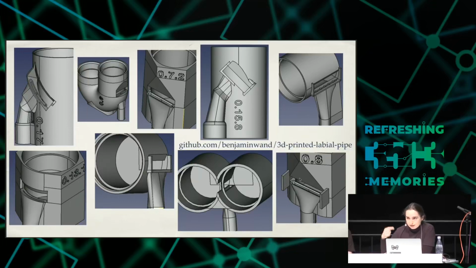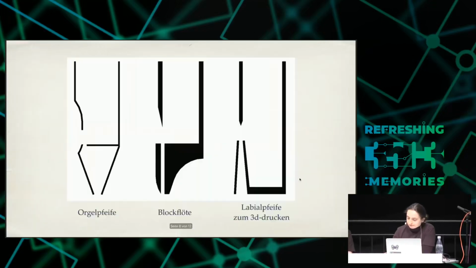In FreeCAD, it's a spreadsheet. There's a spreadsheet for entering variables, and there's one area to enter your values. And you see here some schematics of a metal organ pipe on the left and a recorder, and some of the things that I do on the right.